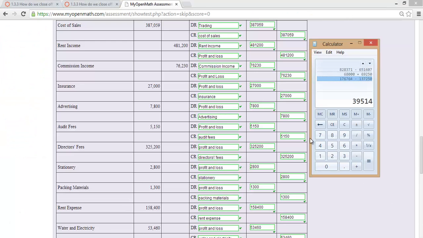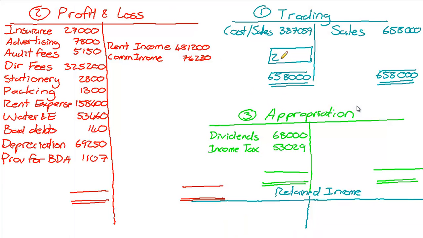So let's do that. 658,000 minus my 387,059, that's going to give me the balancing figure of 270,941, and it is this figure that we're going to take to my profit and loss account.